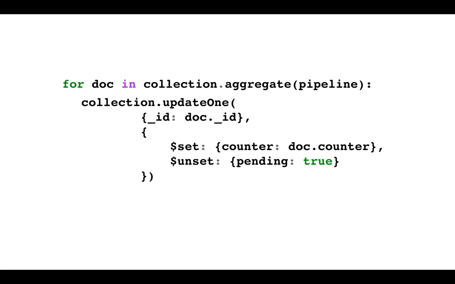Now, since this is an idempotent operation, right, because we're setting the counter to a value and we're unsetting the pending array, this is safely retriable, and we can keep trying it until it succeeds, no matter how flaky our network is. So as long as we run this background process for the night after we're done trying to count events, then our count of the events for today will be eventually consistent.